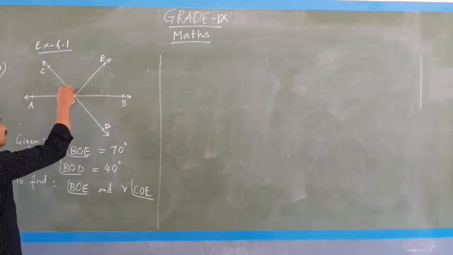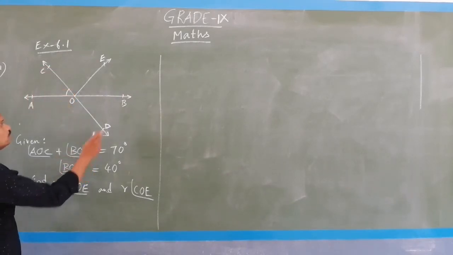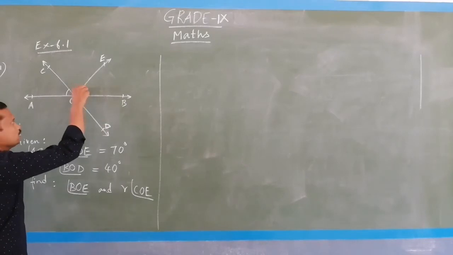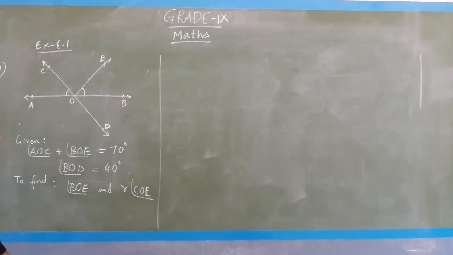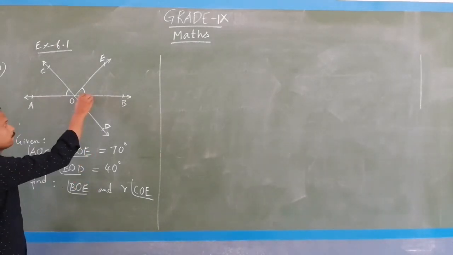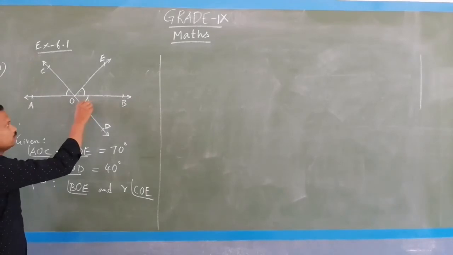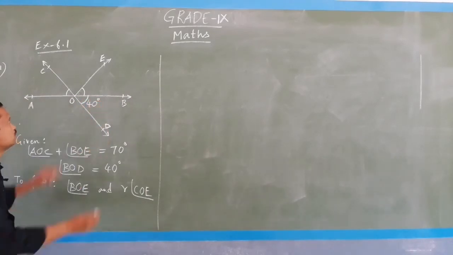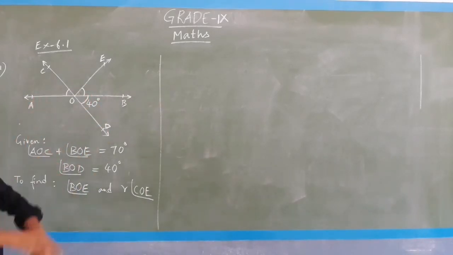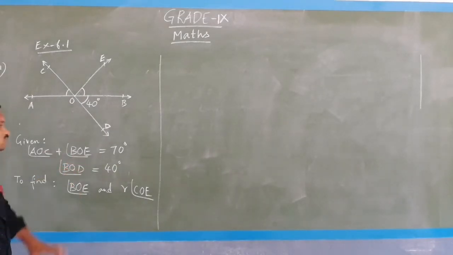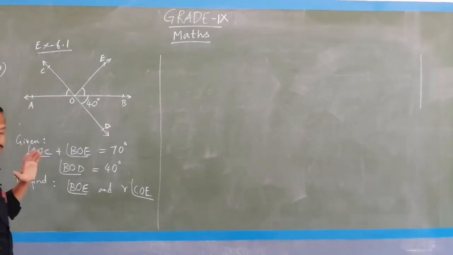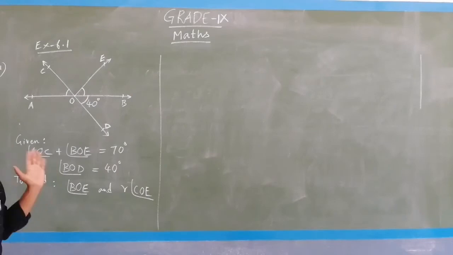Yes or no? So, given angle AOC, this angle, and BOE, this angle. If you add, we get 70 degrees, and BOD alone they have given as 40 degrees. These two both together are 70 degrees, but we do not know the angle measure of AOC and BOE separately.